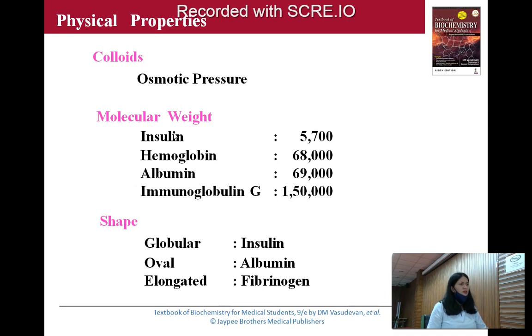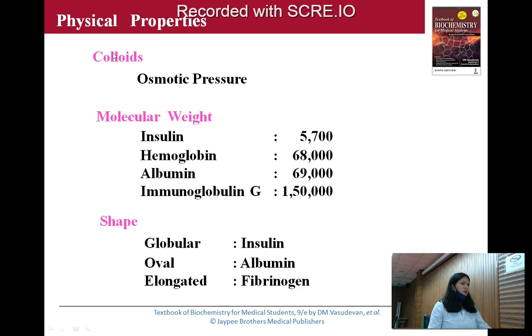So whenever the concentration of albumin inside the blood decreases, what will happen? The water will migrate from the intravascular compartment to the extravascular compartment, leading to a condition known as edema, isn't it? So edema is the collection of fluid outside the blood vessels.